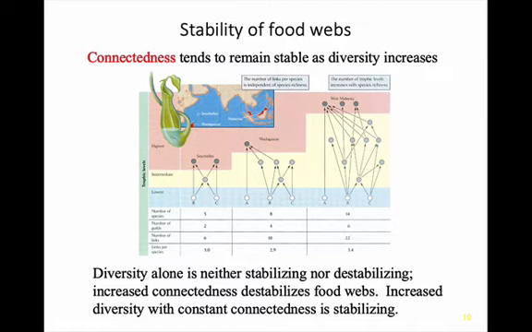Now you might think that this more complex food web with more species is more stable, but that's not necessarily true. Having more species is neither stabilizing nor destabilizing. It depends on the number of links that each species experiences.